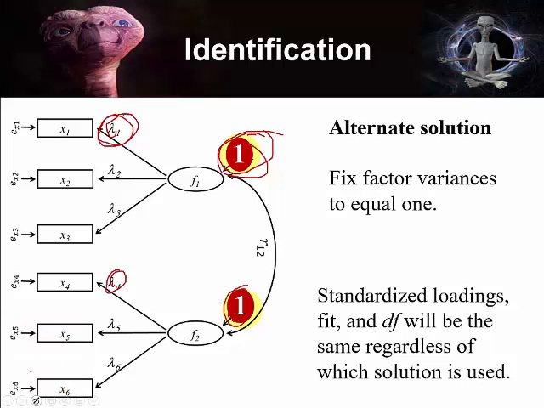Either way, we're putting a constraint on the model. Either way, we're putting the exact same number of constraints. So if I have 2 factors, I'm putting 2 constraints, either constraining 2 lambdas to be 1 or constraining 2 variances to be 1. So either way, I'm adding 2 constraints. Either way, I'm going to add 2 degrees of freedom. So my degrees of freedom will be the same regardless of which option I choose.